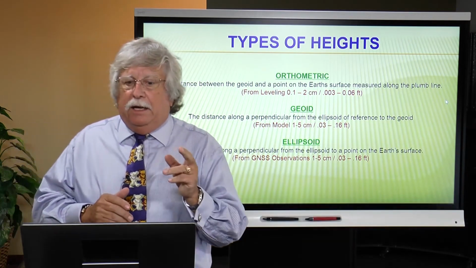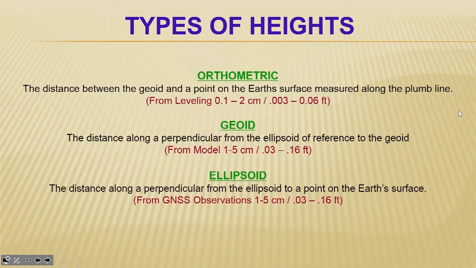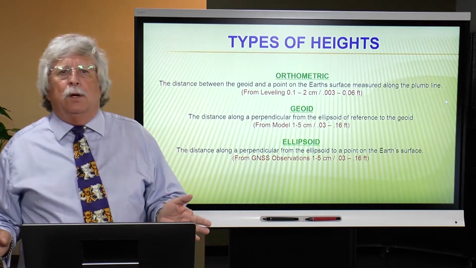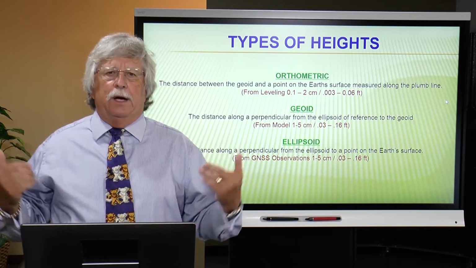The other height is referred to as the ellipsoid height, and this is the height that comes directly from a GNSS observation. GPS, GNSS is a three-dimensional coordinate system: latitude, longitude, and ellipsoid height. But that ellipsoid height has nothing to do with the Earth's gravity field. Water does not necessarily run downhill in ellipsoid heights.